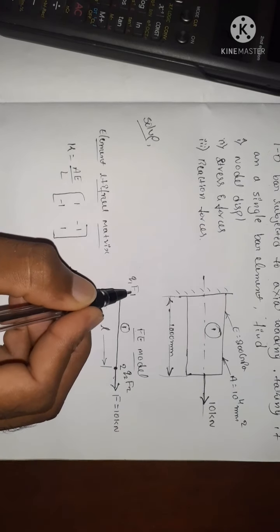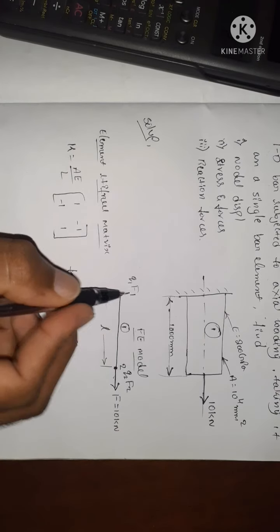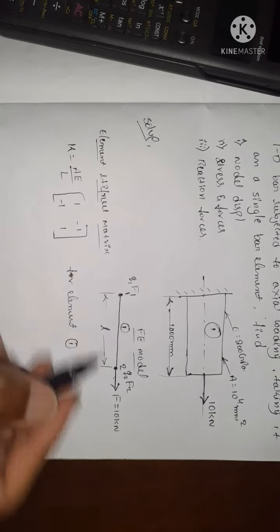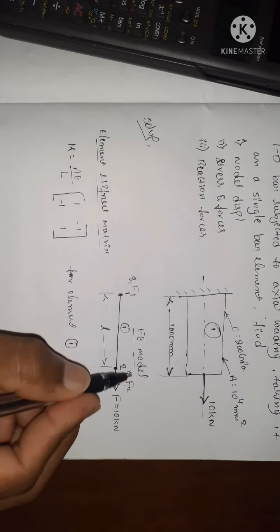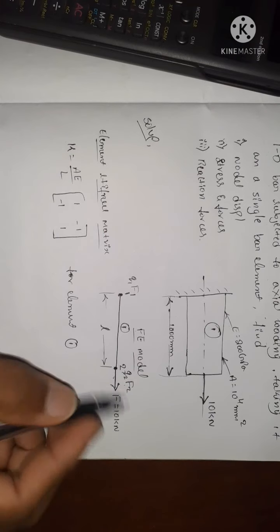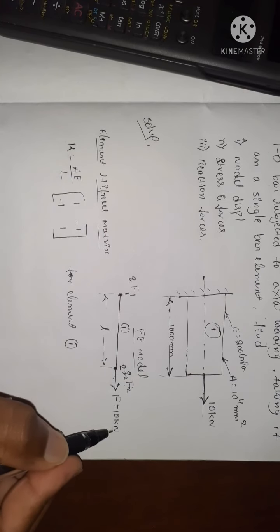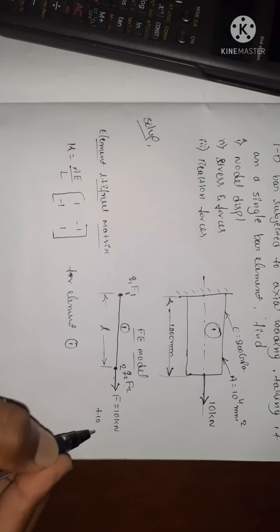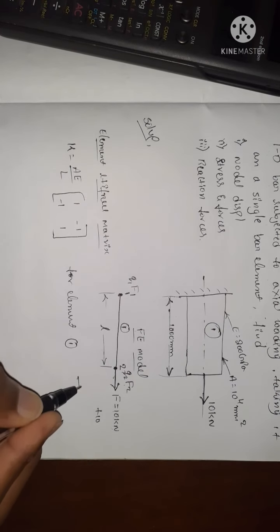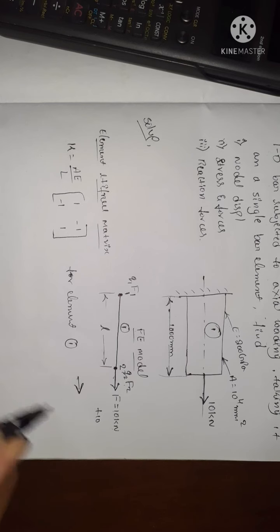Q1 and f1 are always 0, because one end is fixed. Q2 you have to find out from the other equation. F2 is always plus 10 kilonewton, because the force direction is outward.